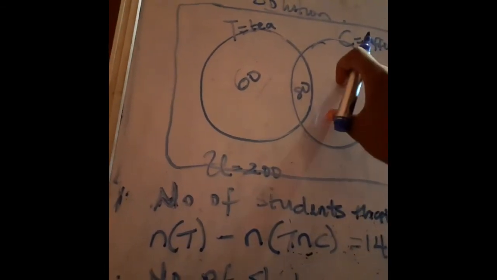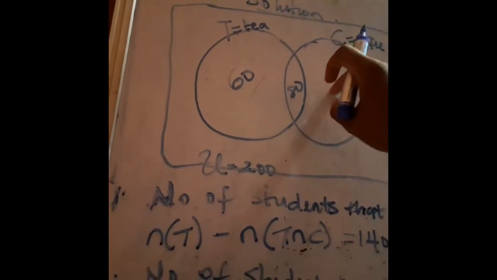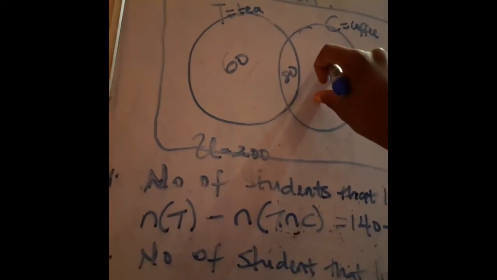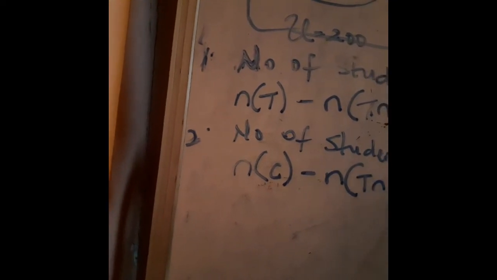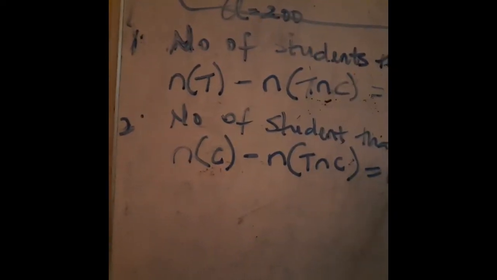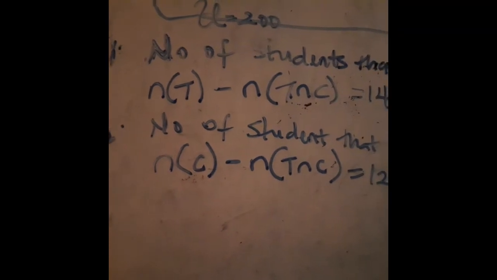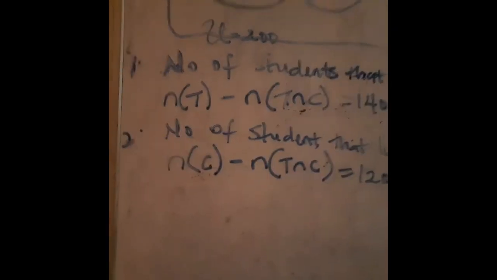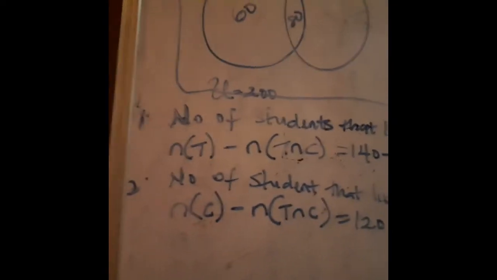So the remaining one from that 120, when we subtract 80 from 120, will give us those that like coffee only. So we are going to do that. This is the number of coffee minus the number of tea intersection coffee, which is 120 minus 80, which is 40. So the total number of students that like coffee only is 40.